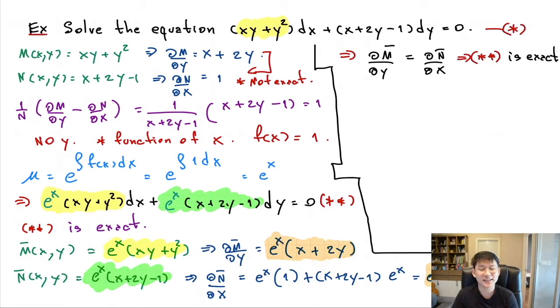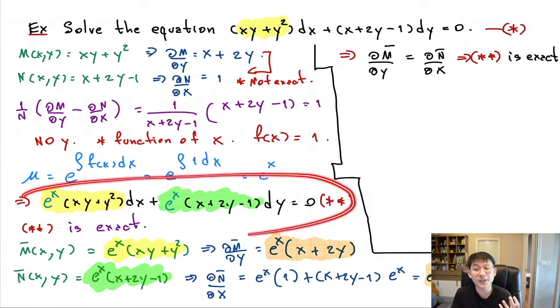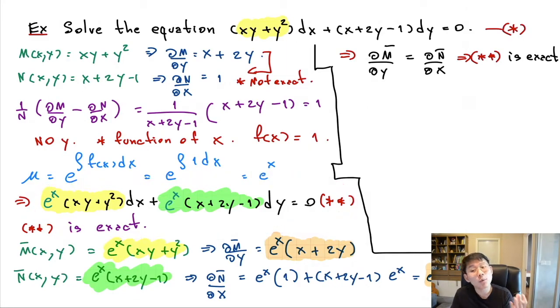Does it make sense? Okay, I could have stopped here, right? Because once this equation becomes exact, you just go back to the previous video and see how to solve it. But as an example for this one, I'm going to solve it for you to see.